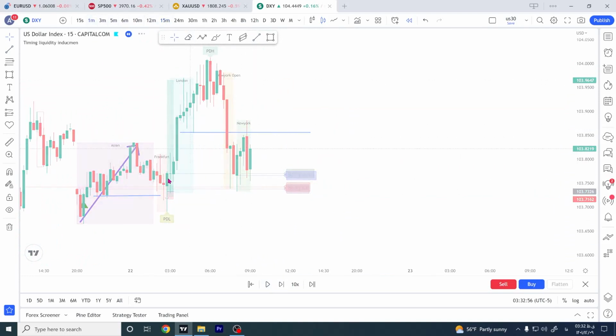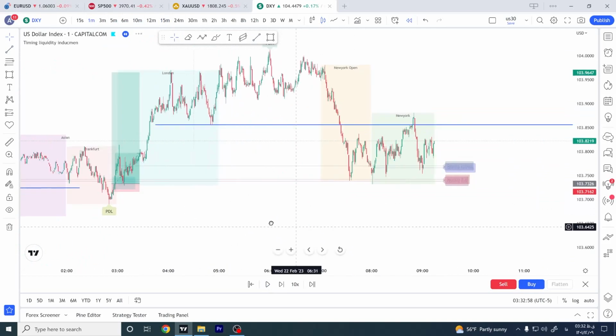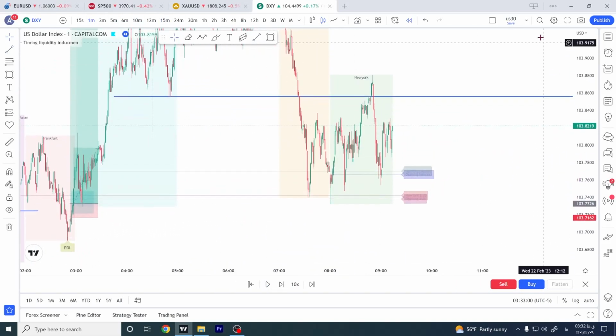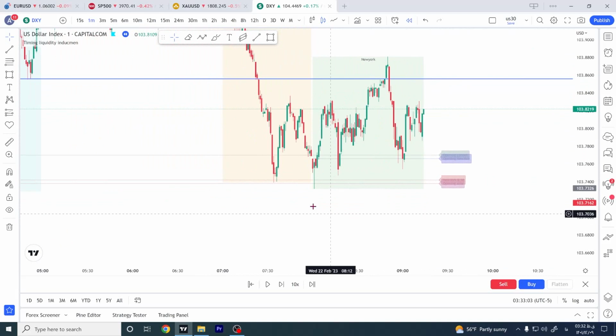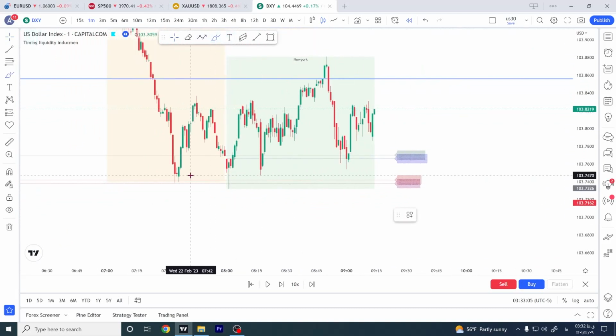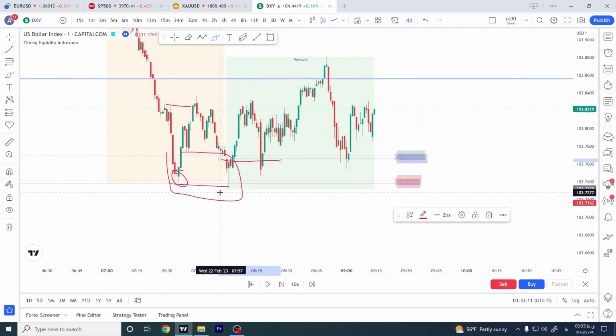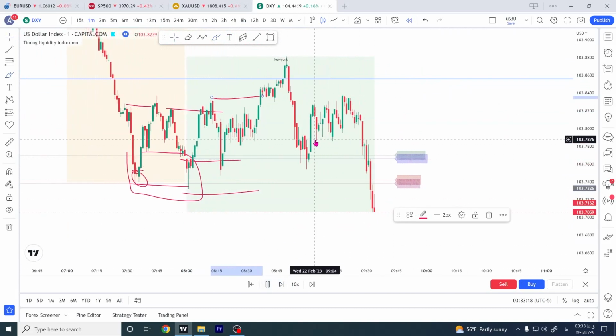Let's see if we have a stop loss or not. We can enter the market after the shift. We may have a stop loss here, because if you count this as a shift, you may have a stop loss here, but this shift is better and we can enter the market, or this shift. And you can see the results after that.